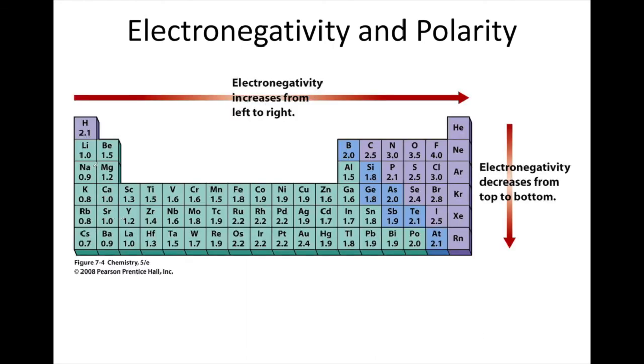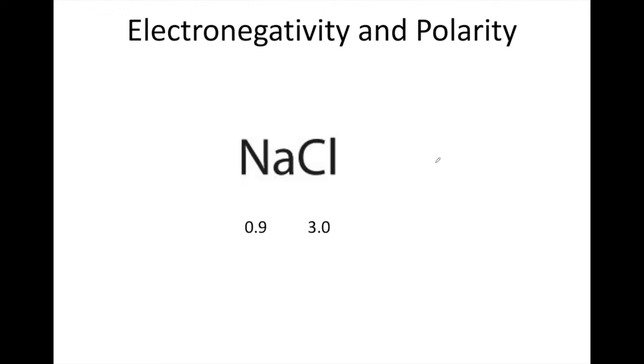So let's look at an example, sodium chloride. Sodium, the electronegativity is 0.9, chlorine is 3.0. So if we bond these two together, let's look at the difference in electronegativity. We come up with 3.0 minus 0.9, again, always the bigger number minus the smaller number. We get 2.1. So this is greater than 2.0, indicating that the electrons are not going to be shared unequally, but will be transferred.